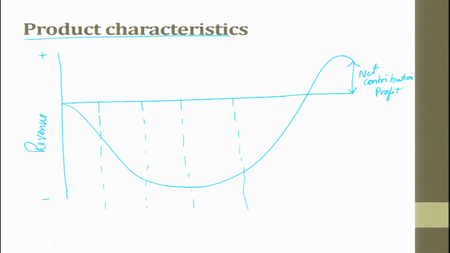Okay. So, this is where you have started making sale of your product. So, this is the portion where production, and this is where you are going to invest in the tooling and product launching.